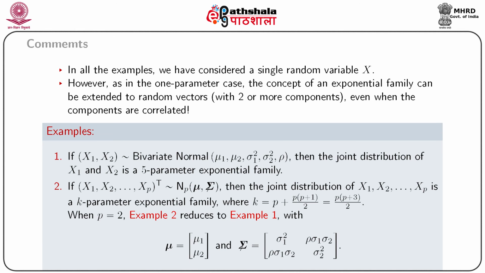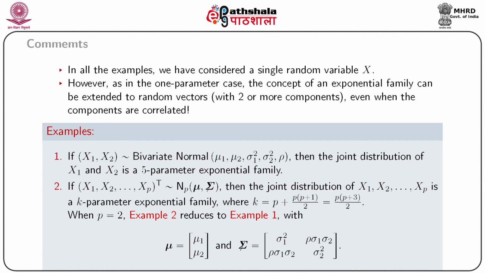In all the above examples, we considered a single random variable x, but the concept of exponential family can also be extended to the joint distribution of p-dimensional random vectors. Consider the following examples.